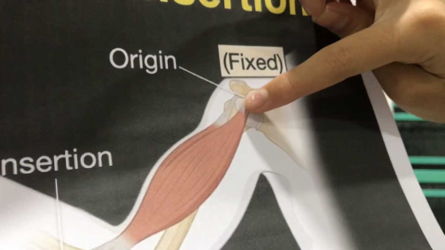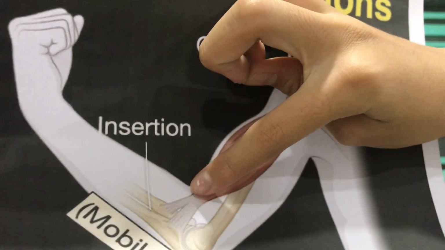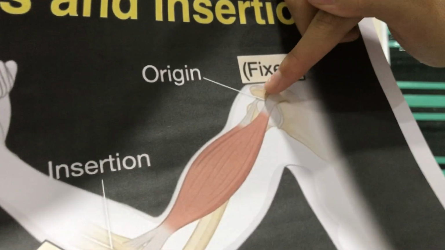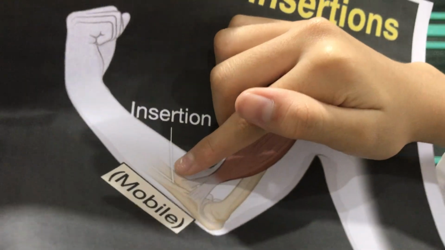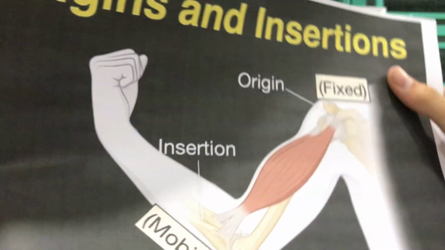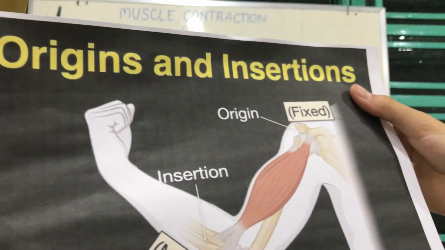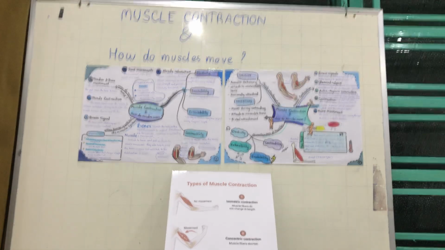So this is the fixed anchor, and this is the maneuverable. And think about it. This part does not have very much movement, but this one has a wide range of motion, if you think about it. So that is the origin and the insertion.